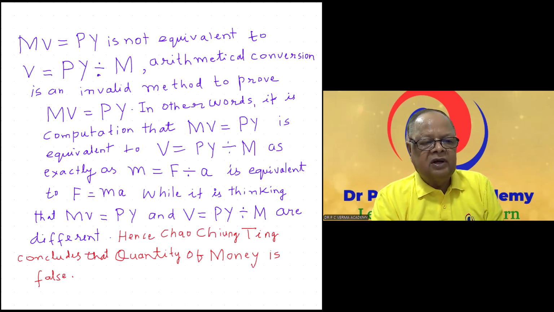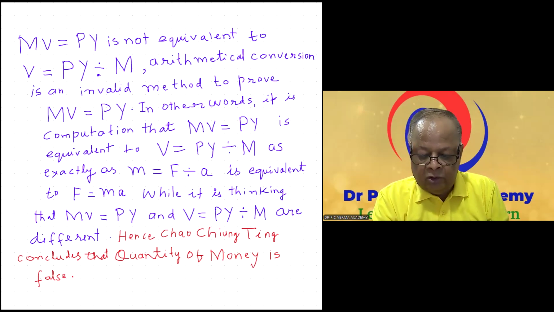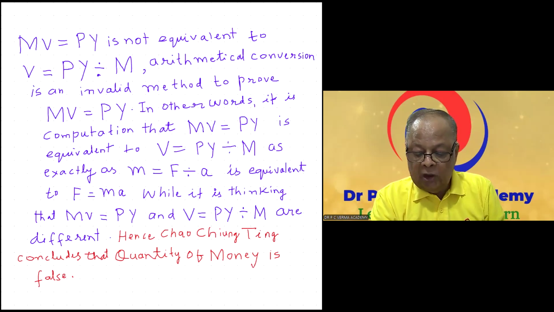And he has given a detailed discussion: mass, acceleration, what will be the position of mass. For example, he has cited the example of a person, that you do not have mass when you sleep. Similarly, MB is equal to PY predicts ridiculously that there is no aggregate income if there is no money.